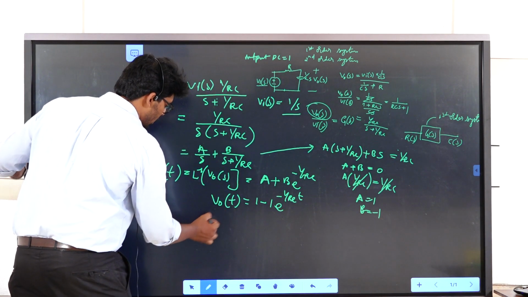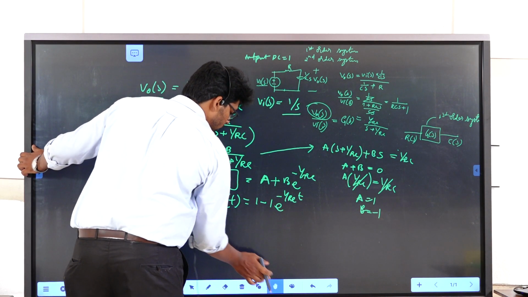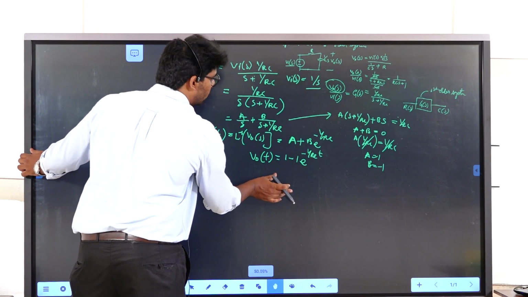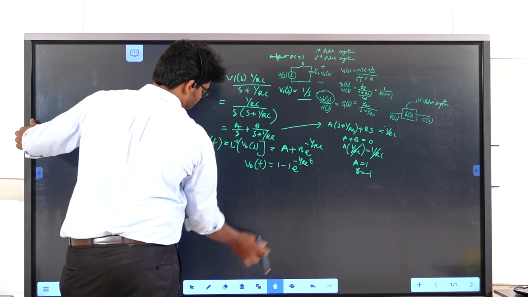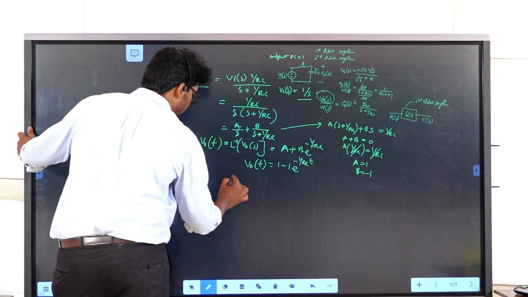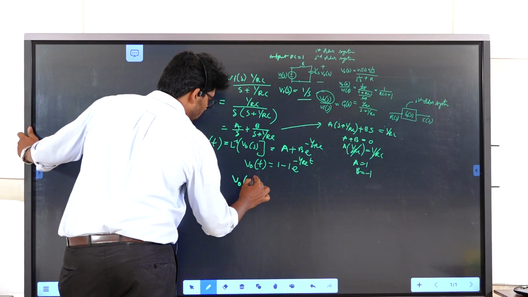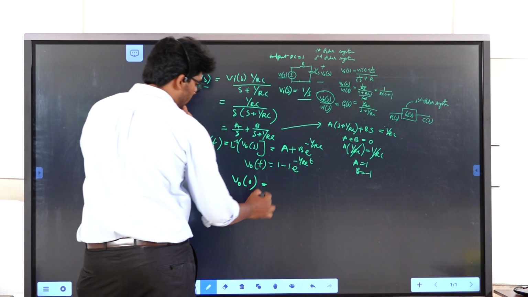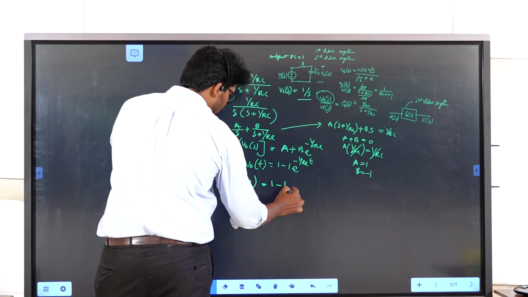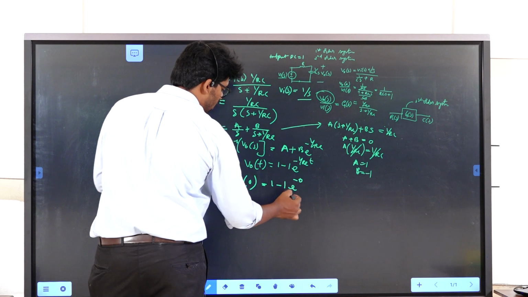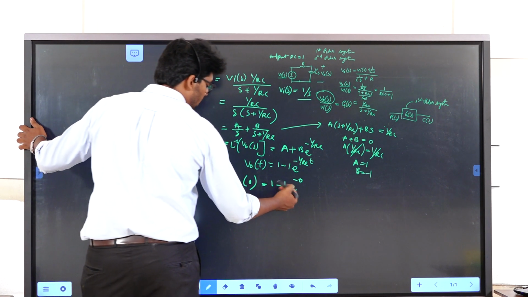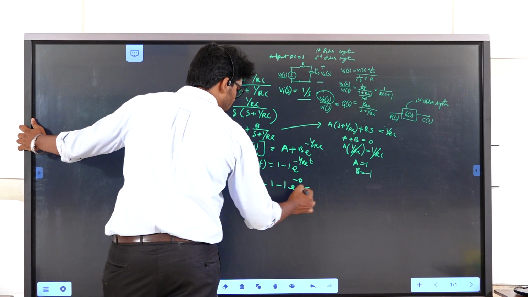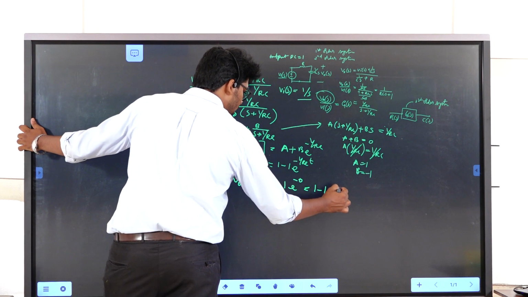For example, with respect to t varying, if t equal to 0, we substitute: 1 minus 1 e power minus 0, and e power minus 0 is 1, so 1 minus 1 gives a value of 0.